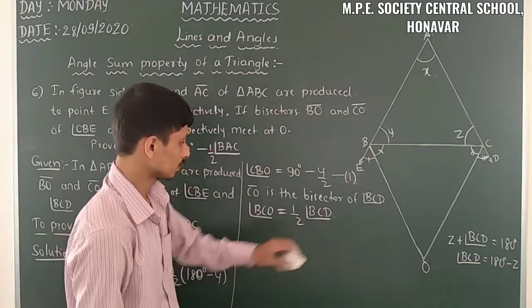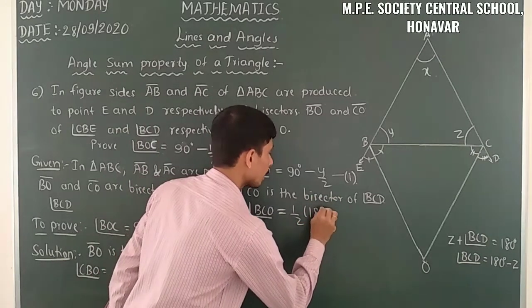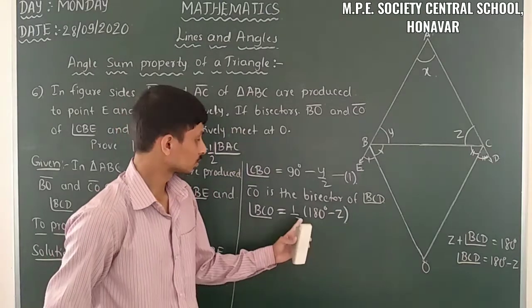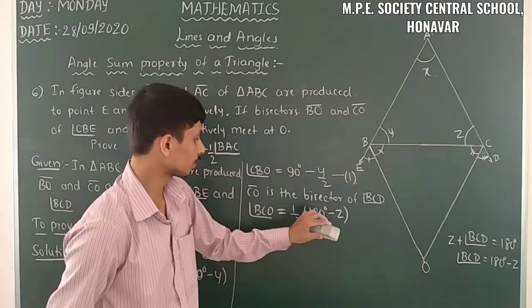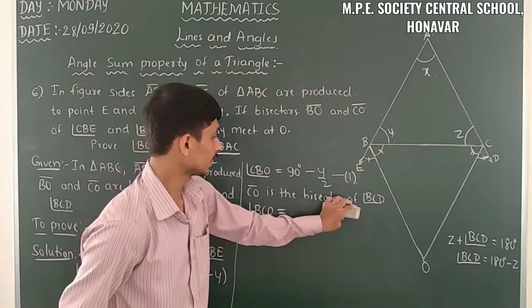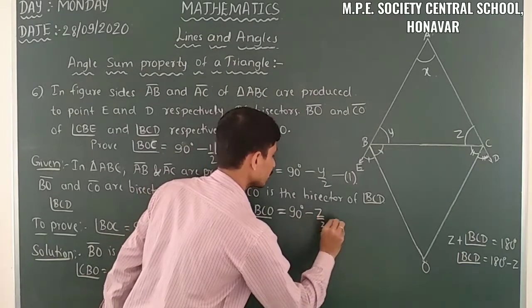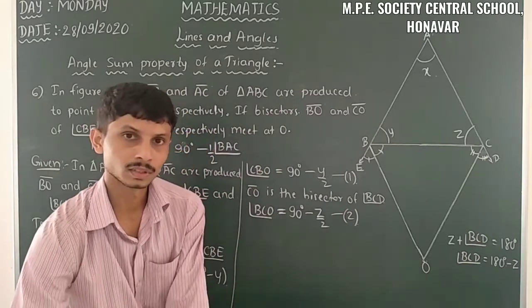Substitute here, 180 degree minus z. Then we have to take 1 by 2 inside. So what happens here? 90 degree minus z by 2. I will take this as equation number 2 here.